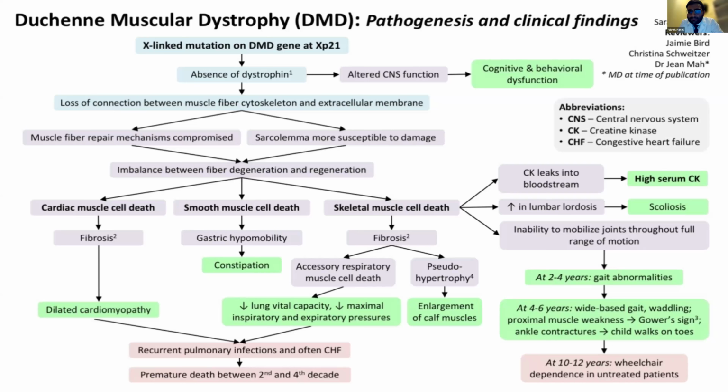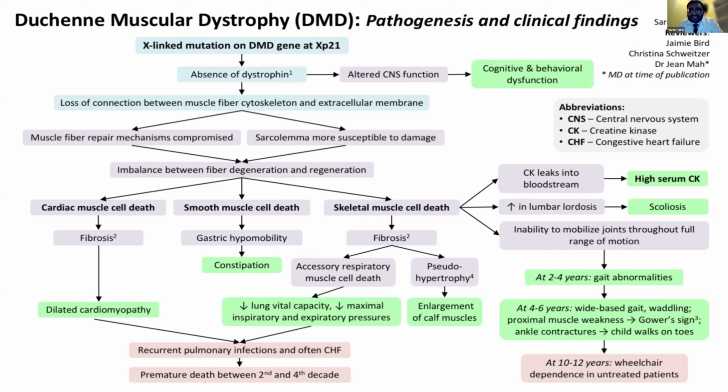So these cardiopulmonary complications lead to premature death, commonly occurring between 20 to 40 years of age. And also in the skeletal muscle, there is false hypertrophy, meaning the muscle will be enlarged, but the muscle mass is not increased.